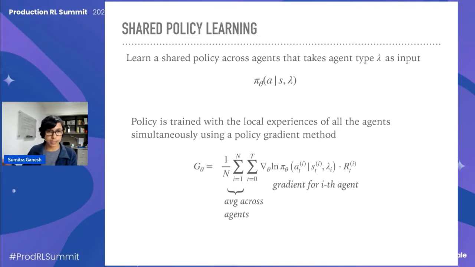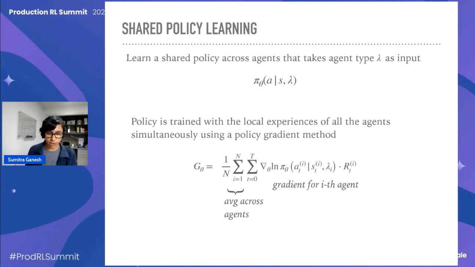And as I mentioned previously, lambda could be the weights the agent places in the reward function, as well as its connectivity parameters. This shared policy is then trained with the experiences of all the agents. And you could do this using a policy gradient method like PPO, which is what we use. The main difference here is that you also plug in the type parameters of the agents as you're doing the updates.